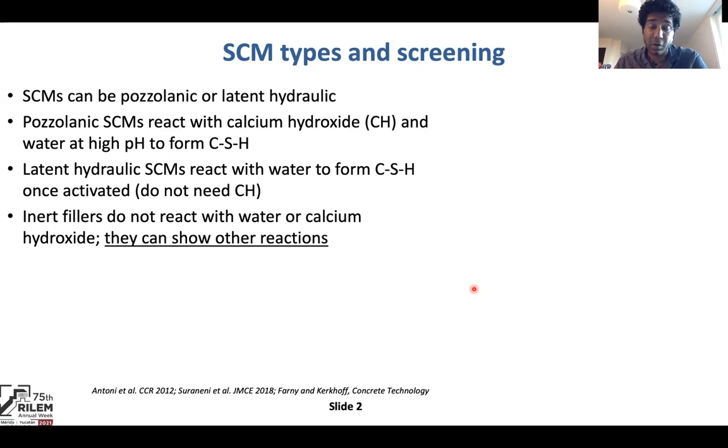Slag is a latent hydraulic SCM, which still reacts with water, but doesn't need the calcium hydroxide. It'll react with water once it's activated to form CSH. Inert fillers don't show pozzolanic or latent hydraulic reactions, but limestone, for example, shows other reactions, with carboaluminate phases.